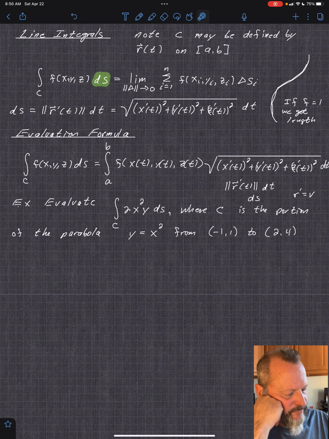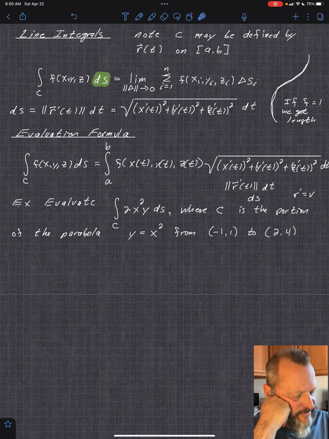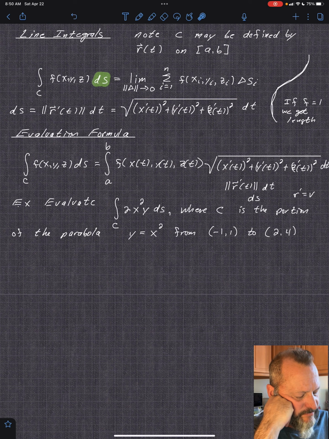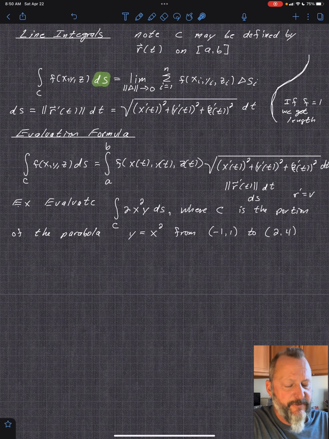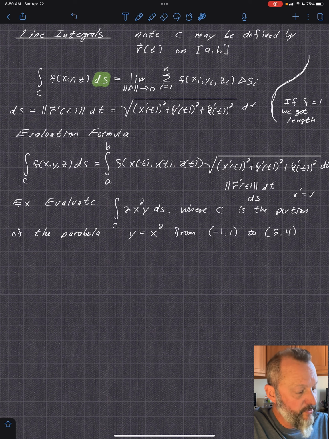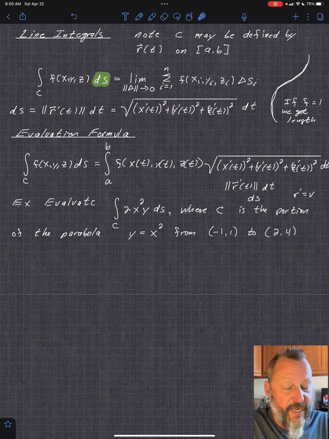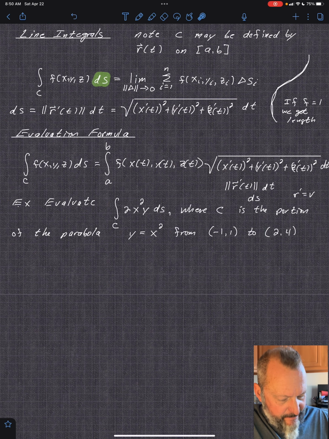So this is not a vector valued function, so we need to put it in that form essentially. Note that the points have to be on the curve, so they have to satisfy y equals x squared.